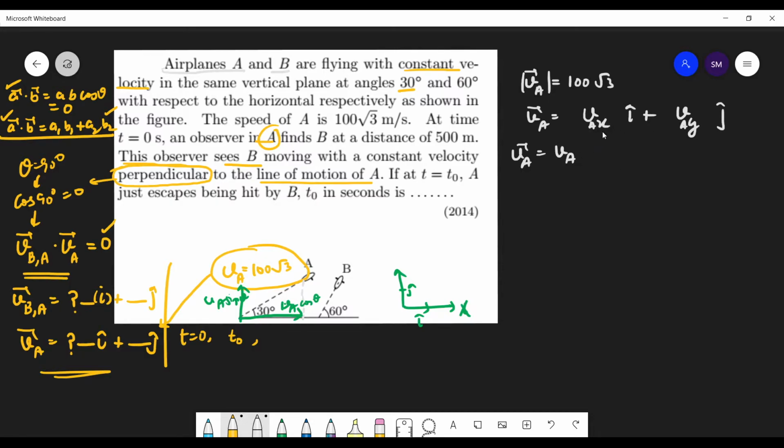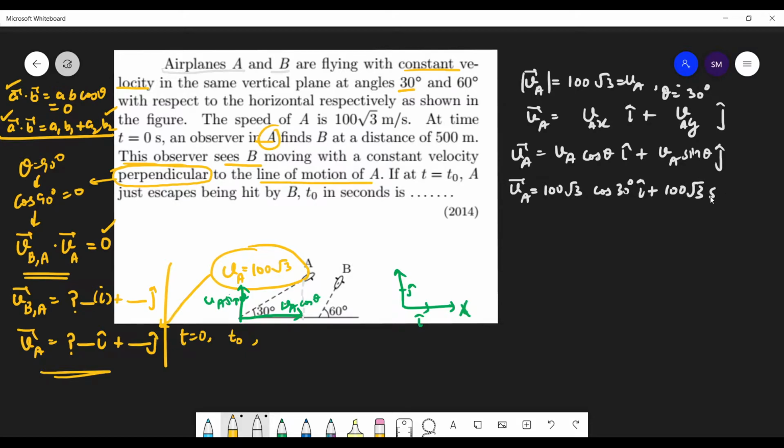So VA cos theta I cap plus VA sin theta j cap, and theta is 30 degrees. Writing the values, 100 root 3 into cos 30 degrees I cap plus 100 root 3 sin 30 degrees j cap.